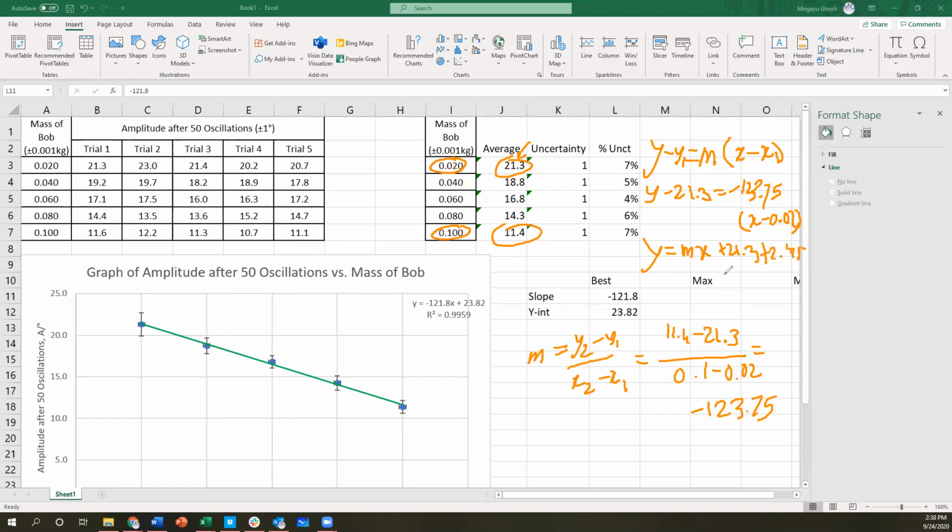And then if I add these two together, the y-intercept is that plus 21.3, and it's 23.775. That's what I got. And if you wanted to round to the proper number of sig figs, you would probably say it's 23.8. And that's actually what we got with our model here, right? So it's a pretty good model.